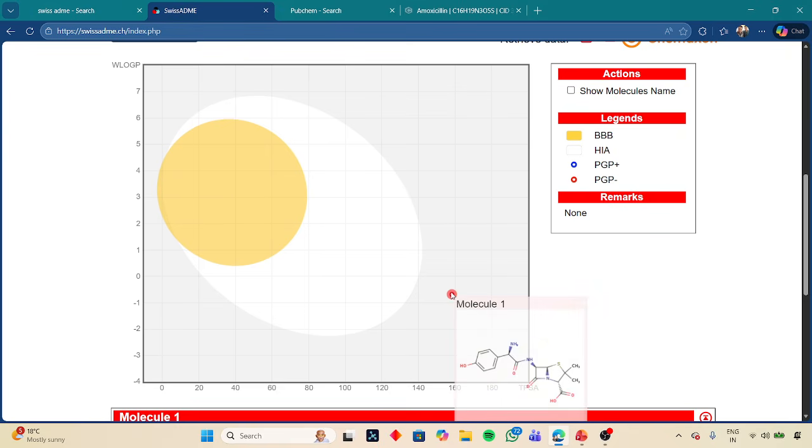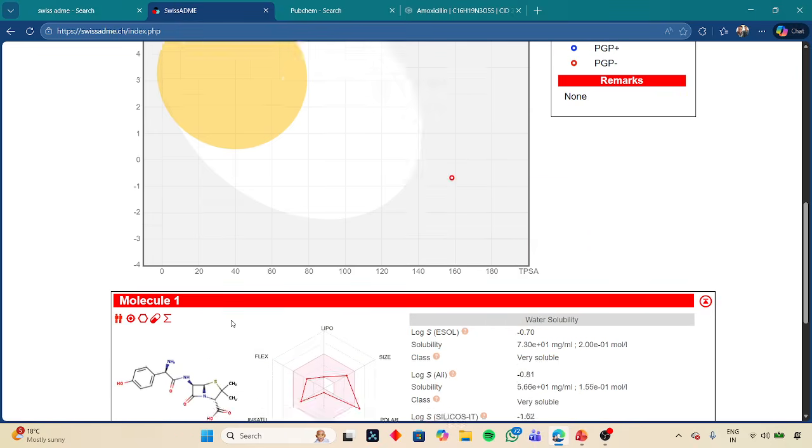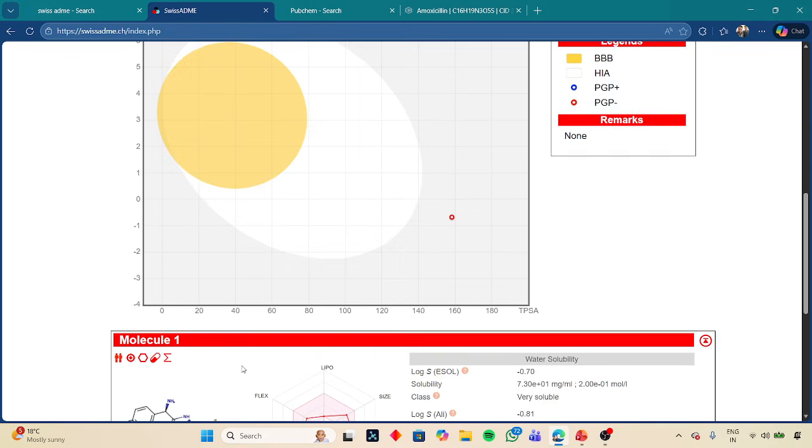The molecule one is shown here. Why is this drug molecule present here? You can see that we have a topological polar surface area of 158.26, so accordingly the drug molecule is present here. If we have a very low topological polar surface area, the drug may be present in the yolk.